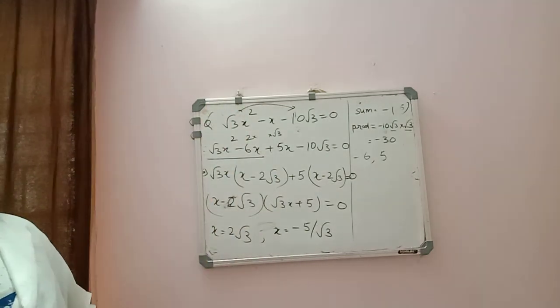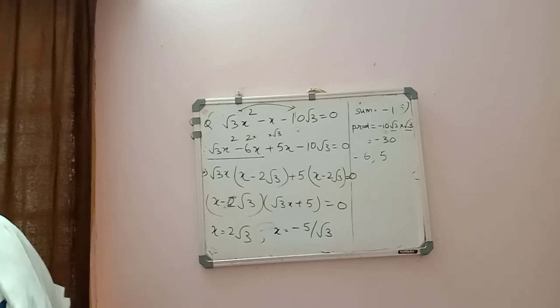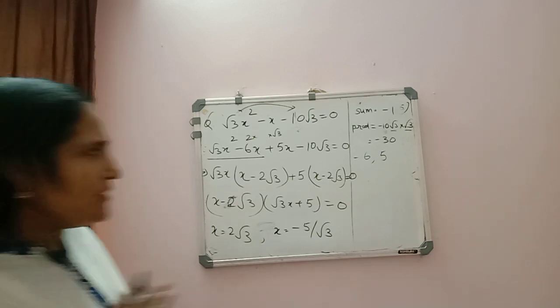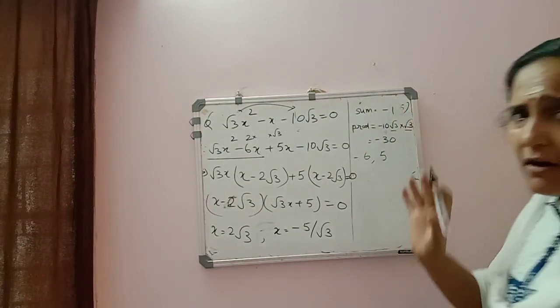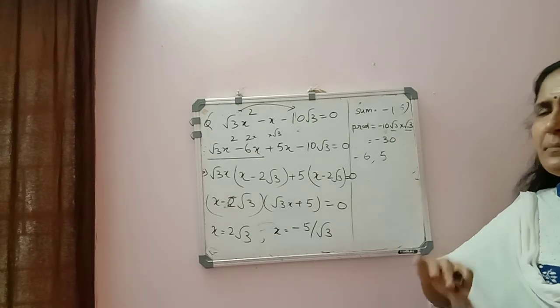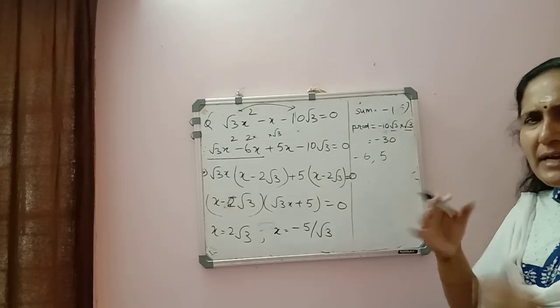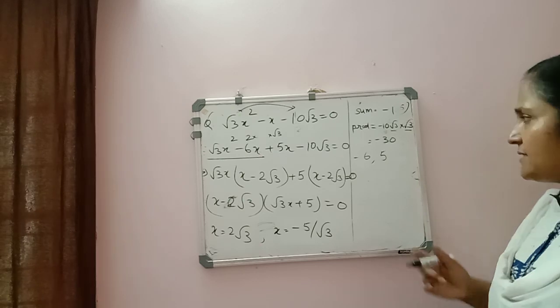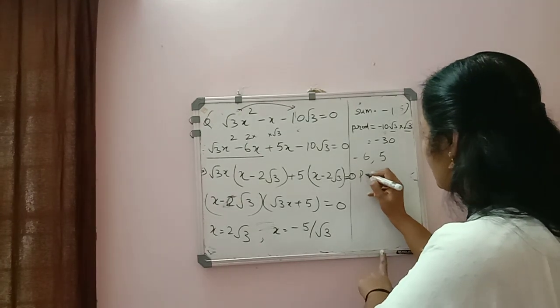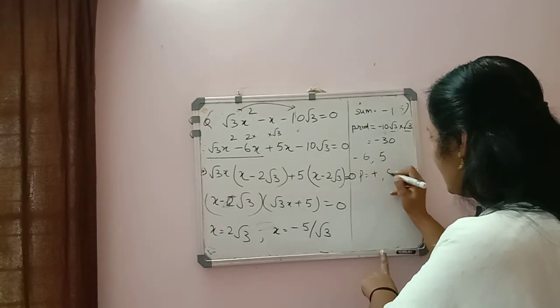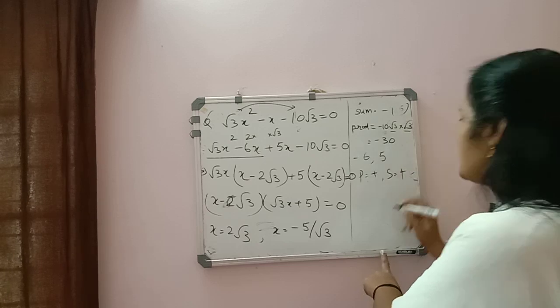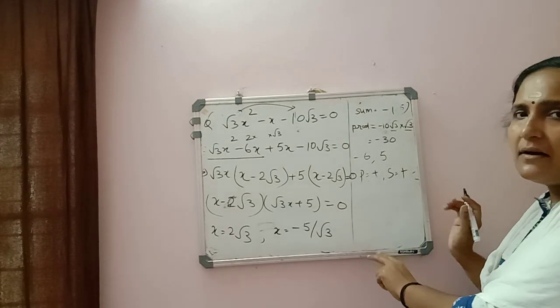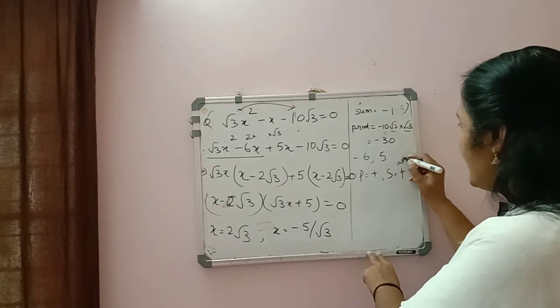So I hope the method is clear to you. Just remember some things only. We know the concept of addition, subtraction, multiplication of integers. We are just playing with the numbers there. If the product is positive and the sum is also positive, then both the numbers are positive, and we have to do addition there.